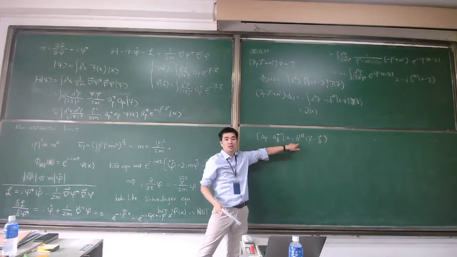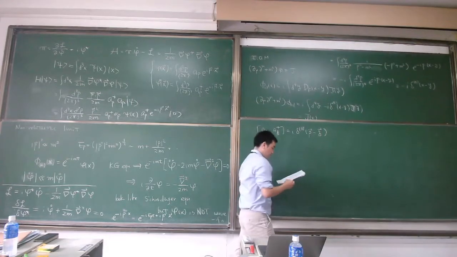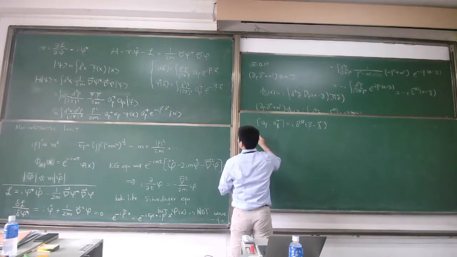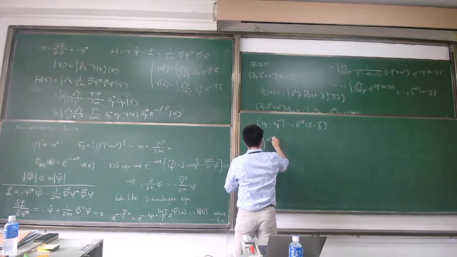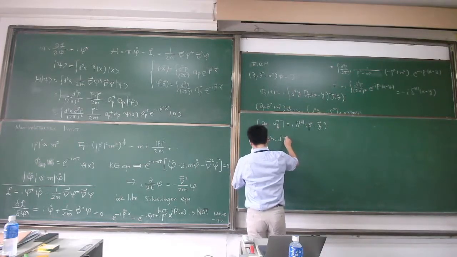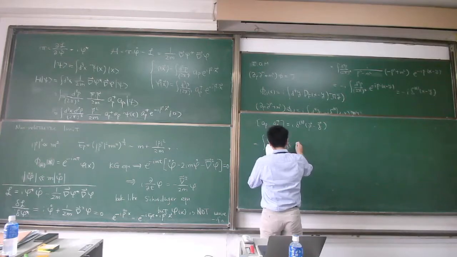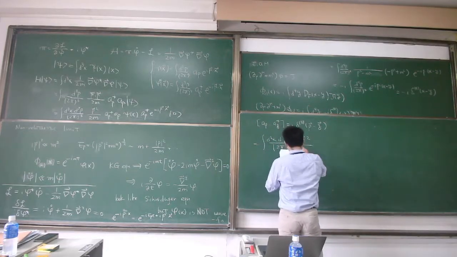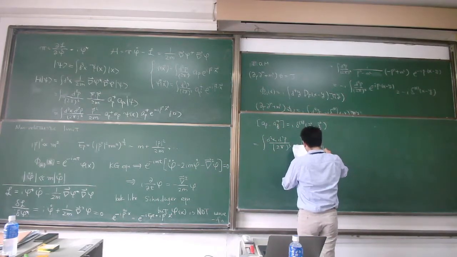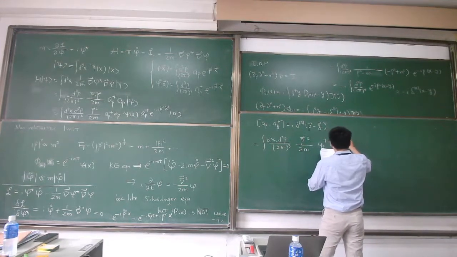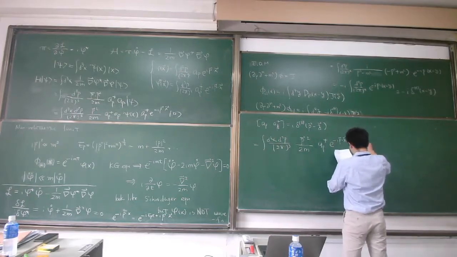So therefore, this one is equal to d^3q d^3x d^3p over (2 pi)^3, E_p over 2m, a_p dagger, and then e to the minus i p dot x and psi of x acts on 0.